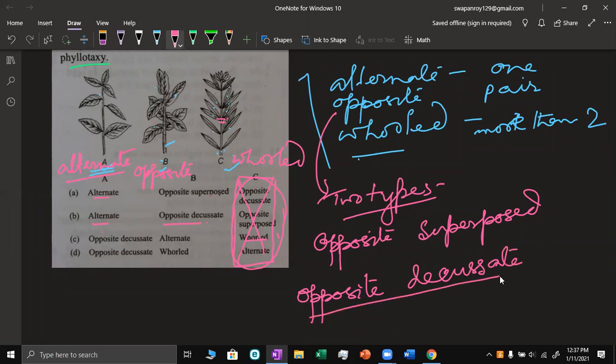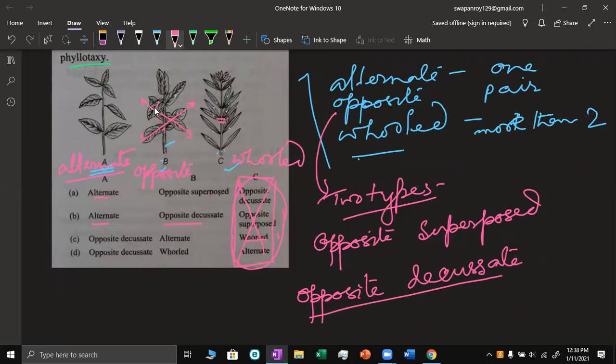In opposite decussate, as it is showing here in this diagram, you can see that in this node the leaf is in this direction. But in the next higher node, the leaf is in this direction.